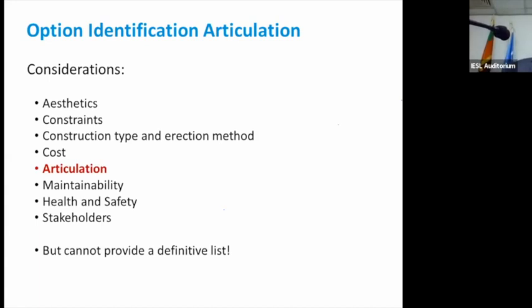Okay, right. So I'm still talking about these considerations. Articulation. What do you mean by articulation? That is also a very important aspect of bridge engineering. Now, if the bridge is constructed, due to creep and shrinkage and temperature increase or decrease or differential temperature, it will move.